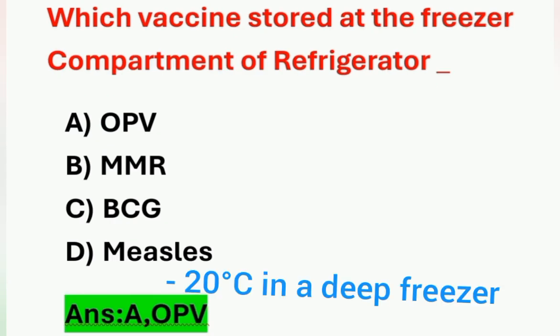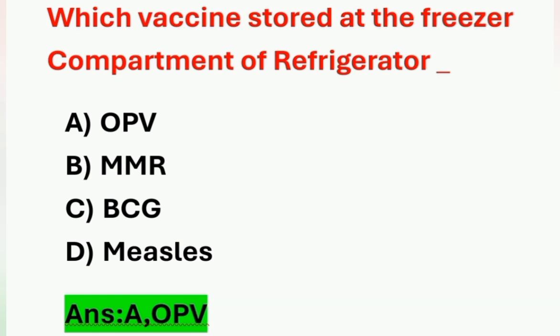Non-stabilized oral polio vaccine is stored at minus 20 degrees Celsius in a deep freezer. Measles vaccine is stored at 2 to 8 degrees Celsius, and BCG vaccine is stored below 10 degrees Celsius. Move on to the next question.